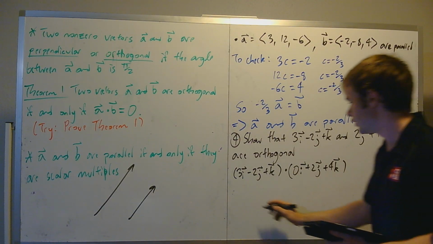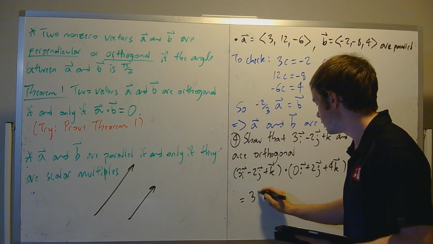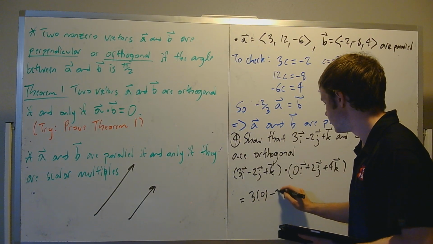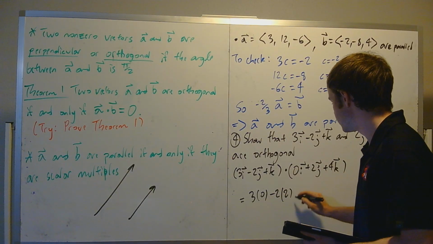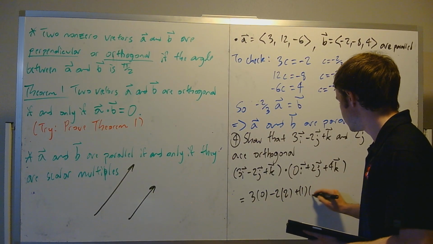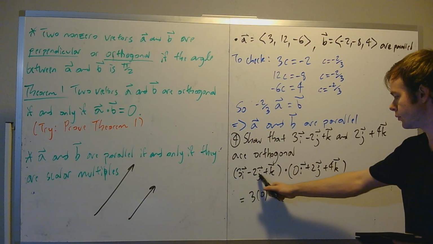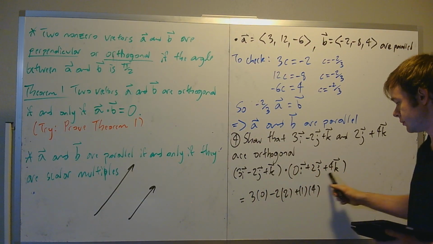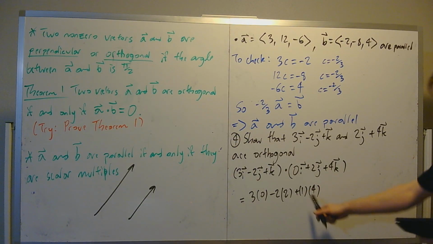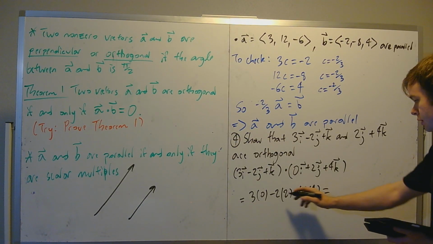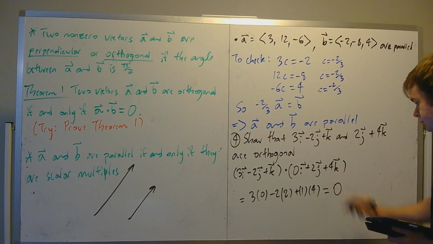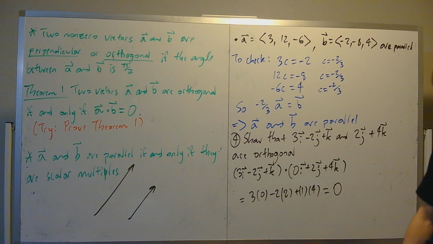We get 3 times 0, minus 2 times 2, plus 1 times 4. That gives 0 minus 4 plus 4, which is indeed 0. So since the dot product is 0, that means that they're orthogonal. That's the way you check that.